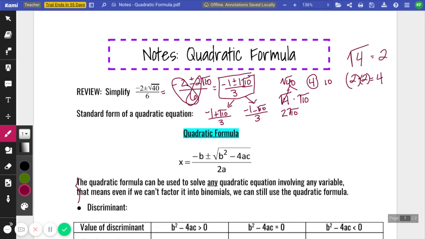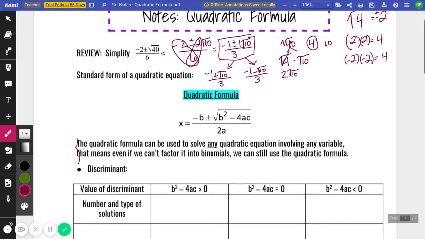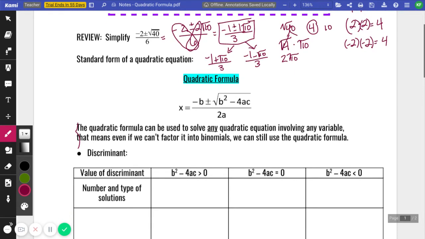The other possibility for a solution, though, is what if I multiplied -2 times -2? I still get positive 4, so I could still take the square root and get a negative. So that's kind of why we have that plus or minus that's built into our formula. The great part about the quadratic formula is that it's going to be in there for you. You don't have to remember that every time. So that's our little example for the first part.